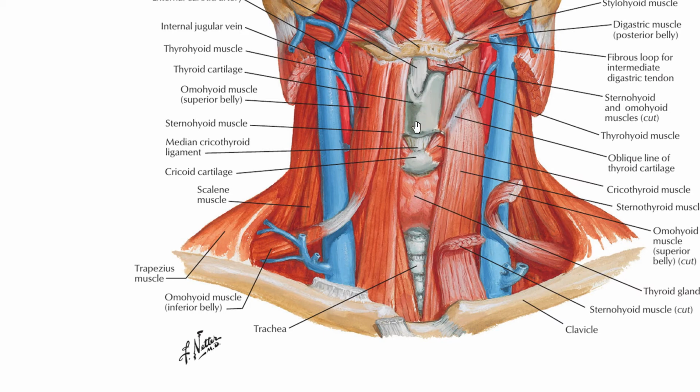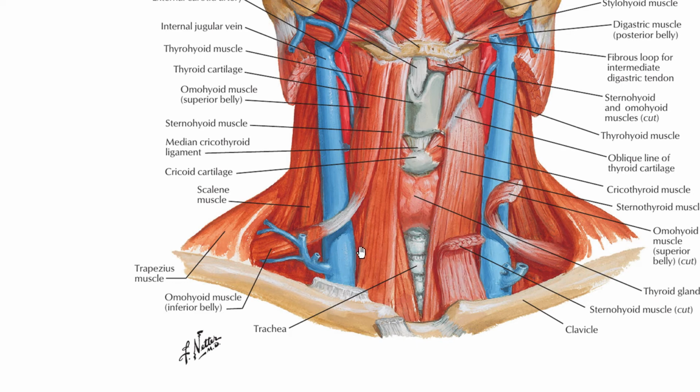Thyroid cartilage in males is quite prominent and is called Adam's apple. It has two laminas, right lamina and left lamina. On either lamina we have an oblique line on the thyroid cartilage. So this muscle, which is called sternothyroid, is much broader than its overlying structure.